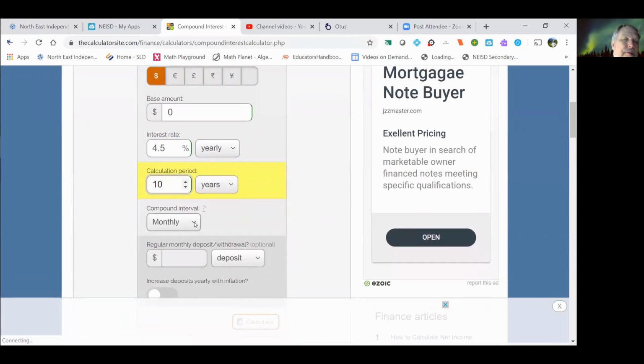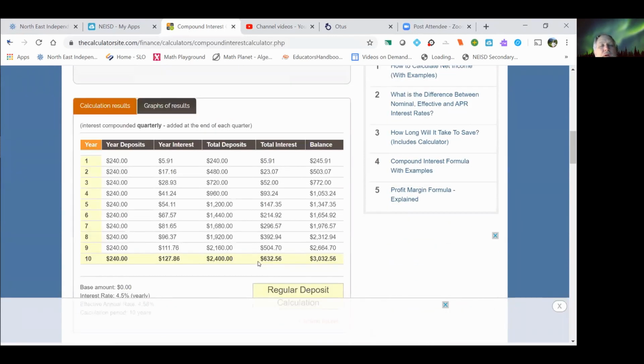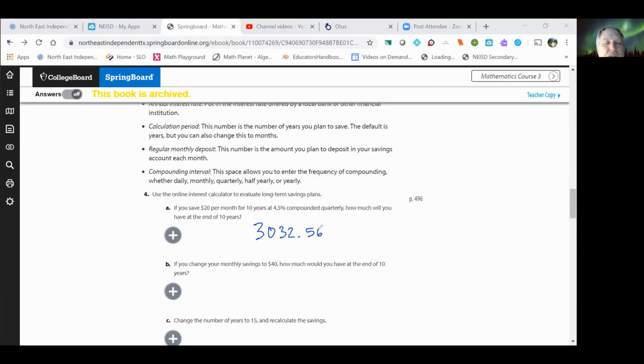We're going to compound quarterly, so we're going to mark this as quarterly. And then we're going to put $20 a month. We want to calculate that. And it says here that we're going to have $3,032.56.